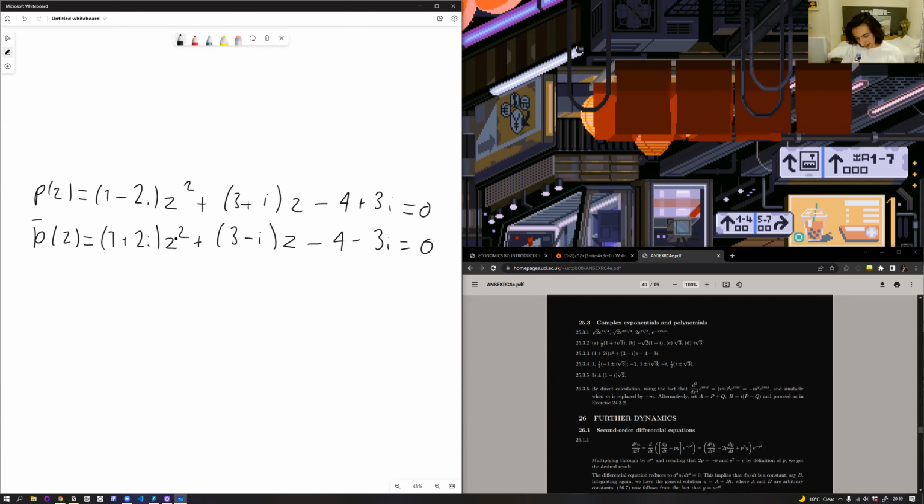Then what does it say? For this P and C is equal to 2 minus i, verify the conjugate of... Okay, right. So PC is, yeah, okay, so it wants us to verify that if we insert a value of z equal to essentially 2 minus i, and putting that in there instead, then we get the same thing as if we're putting it in here as well, the conjugate of it.